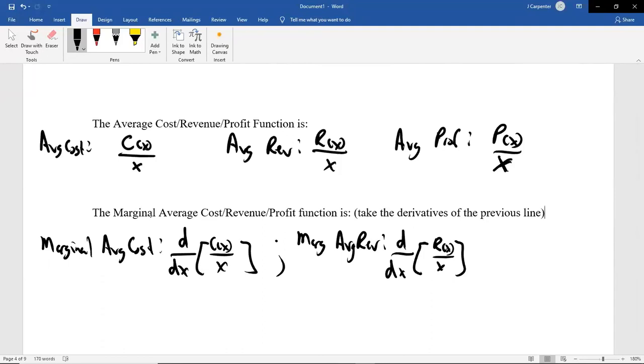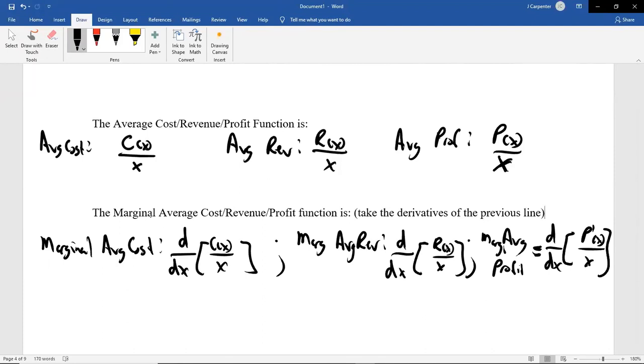Or your marginal average profit would be d dx of the profit function divided by x. Again, you just take the average functions and do the derivative.